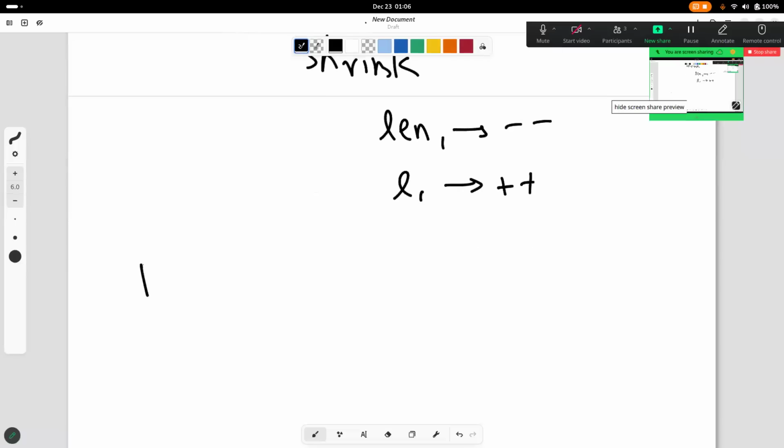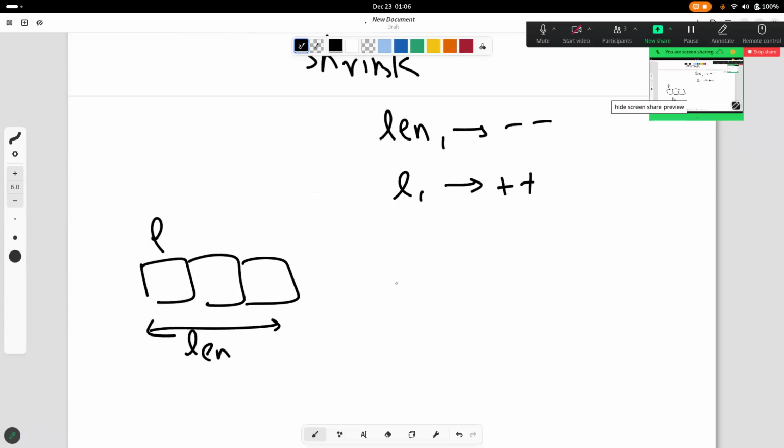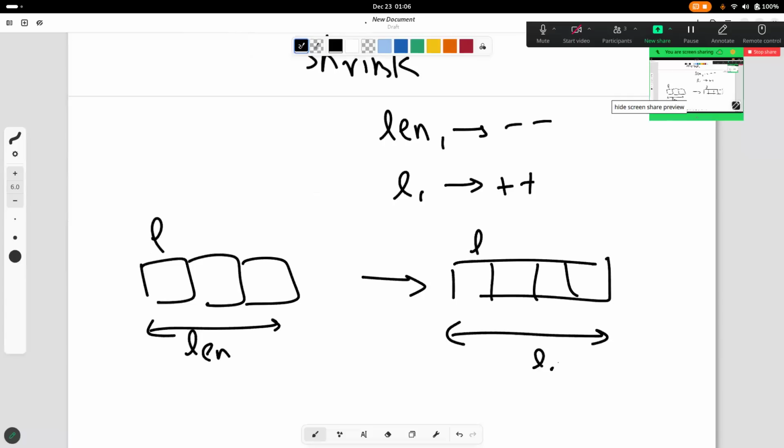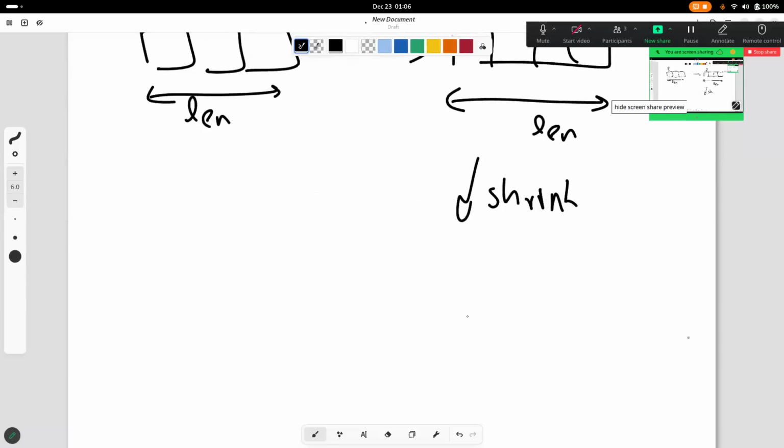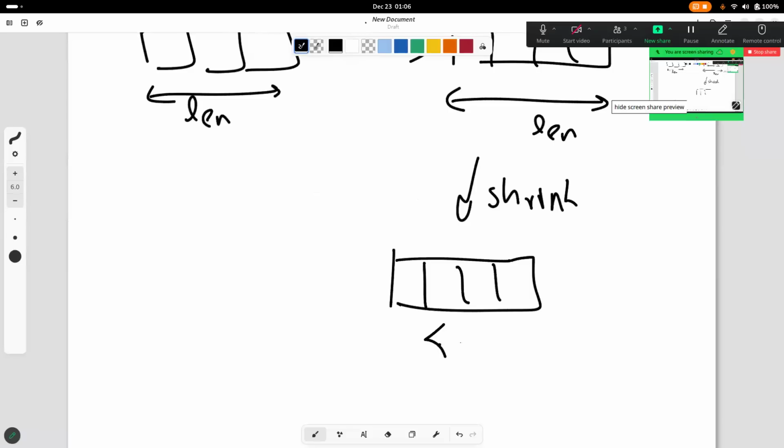Basically, your enlarge would correspond to L, and this is your length. So after enlarge, you would have L and this is your new length. And after shrink, your length would decrease and L would move from here to here.